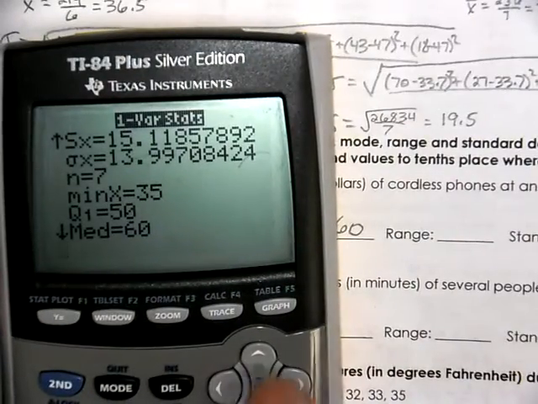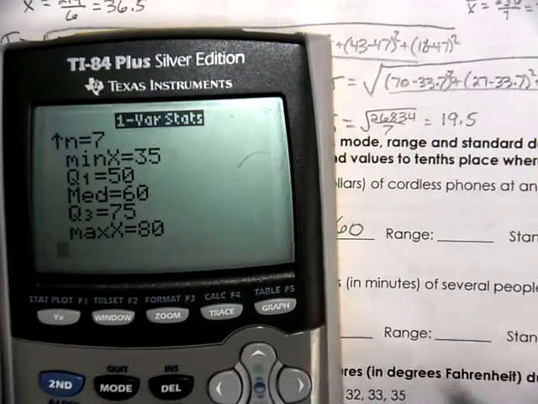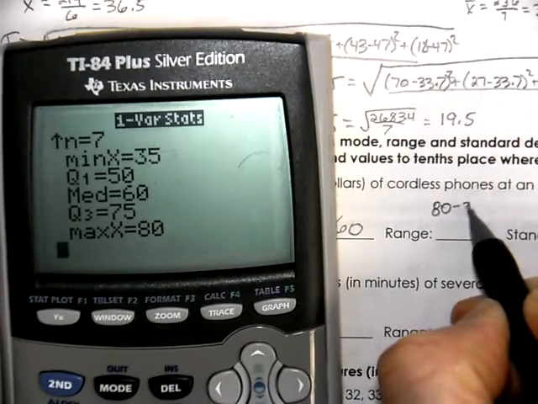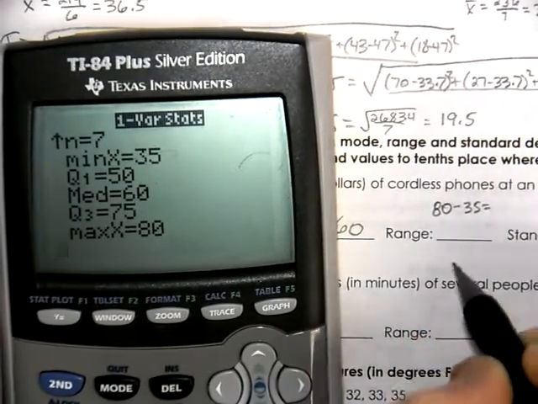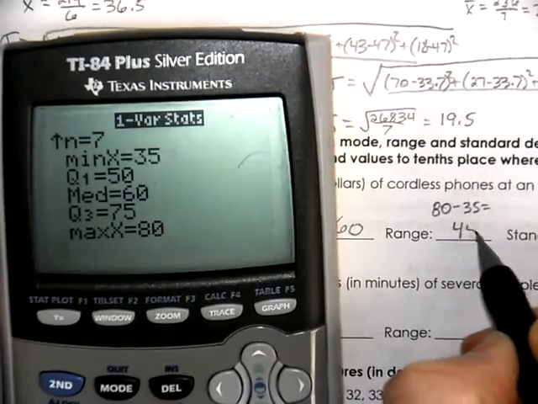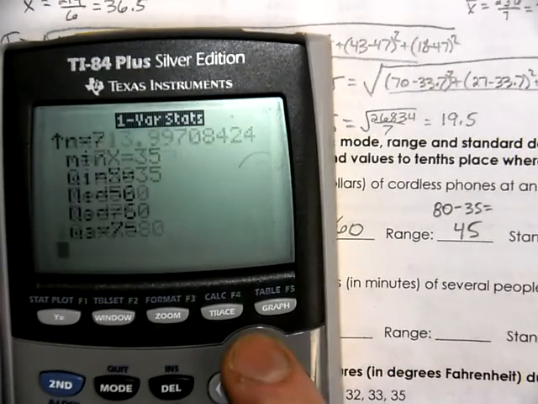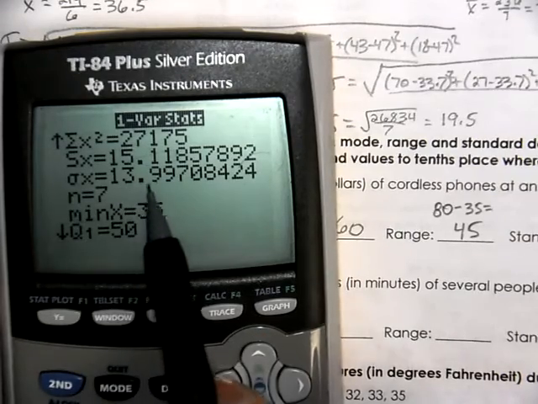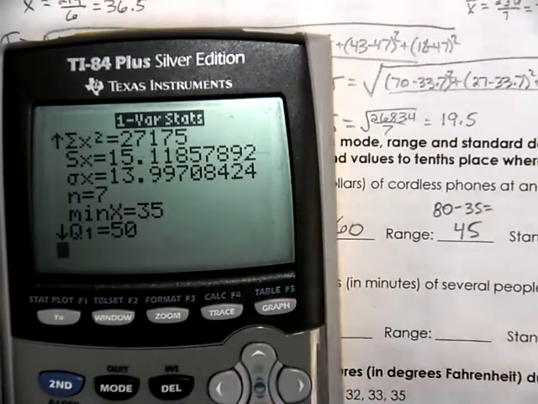The range is the largest number, which is 80, minus the smallest number, which is 35, which comes out to be 45. Going back up, our standard deviation is 13.99.